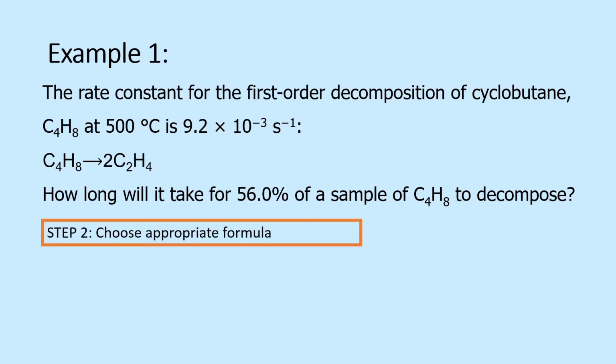Step number two is to choose an appropriate formula to do the calculations. For this question, it is mentioned that the reaction is first order, and that we want to find how long it takes for the reactant cyclobutane C4H8 to decompose, and how long here refers to the time. In reaction kinetics, only integrated rate law equations involve the time term.